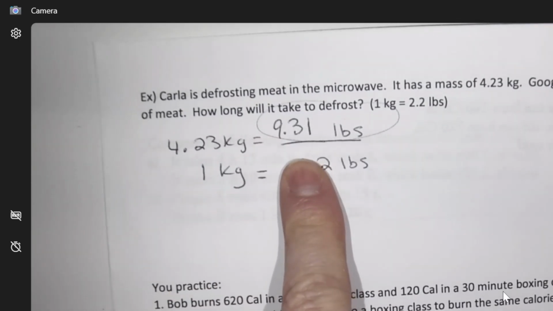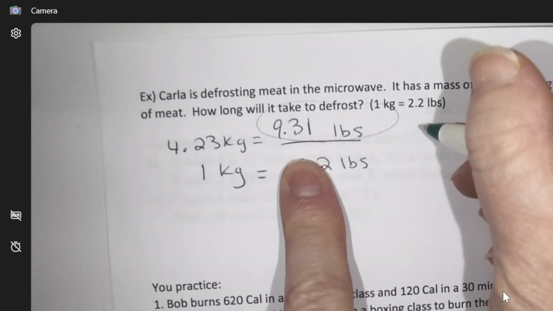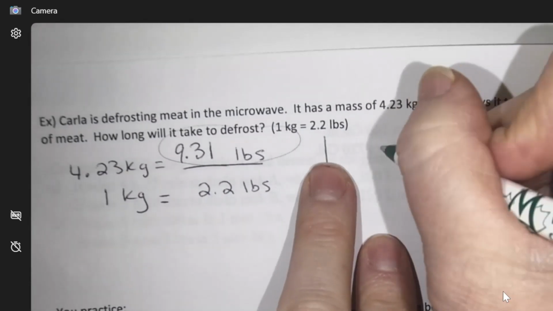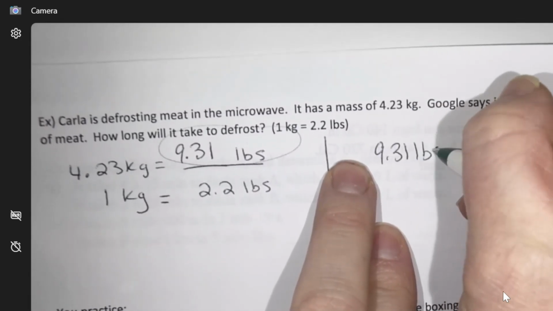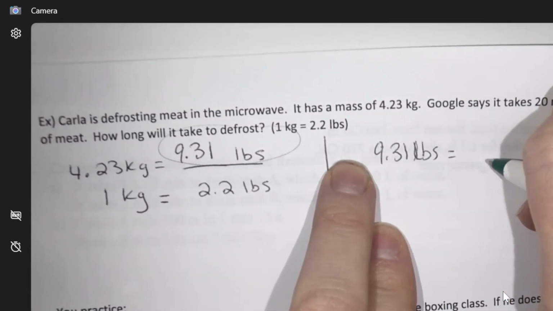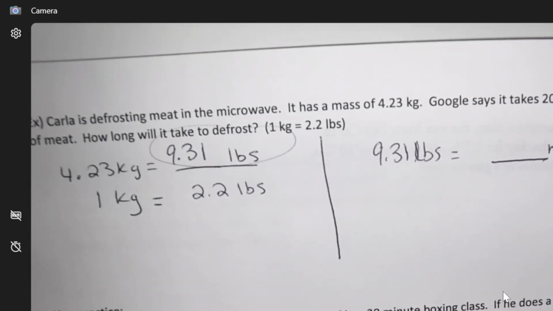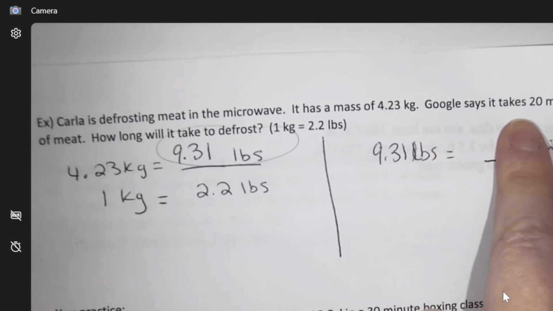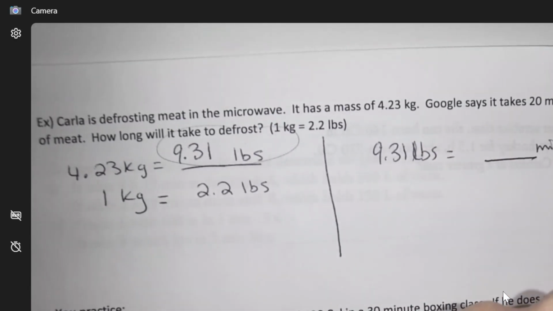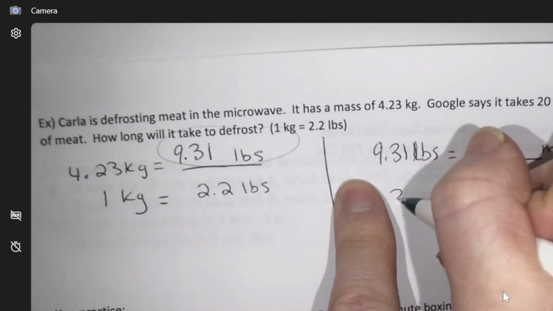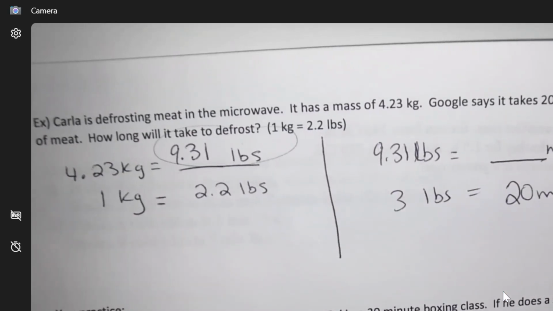Okay, so I have this many pounds of meat. Part 2. This many pounds of meat is going to be how many minutes? If I have that many pounds, how many minutes will I go? That's what I want. And then what's the thing you know? Google says it takes 20 minutes to do 3 pounds. Make sure you have it lined up.